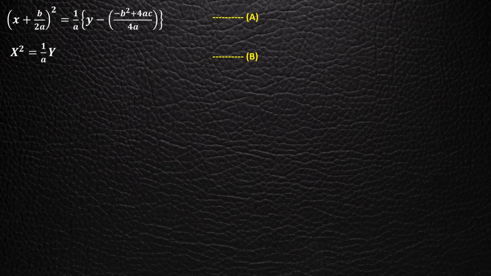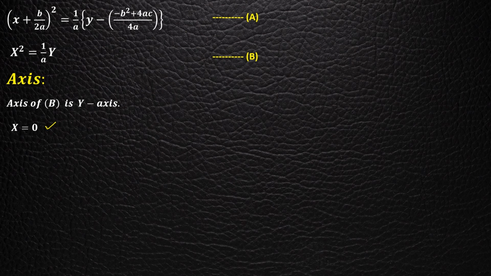Now we find the axis of a given parabola. We know that the axis of equation B is capital Y axis. That is capital X is equal to 0. The equation of capital Y axis is capital X is equal to 0.